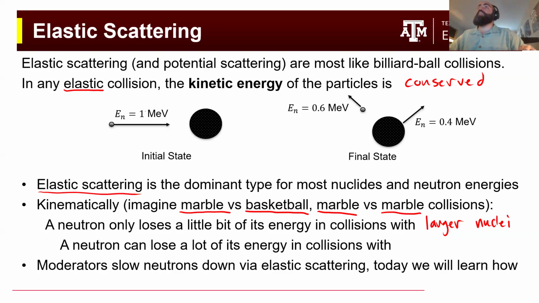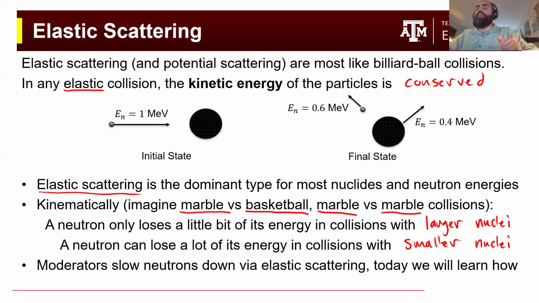That means the initial neutron has transferred quite a bit of its energy to the smaller nucleus. So if a neutron collides with a smaller nucleus, it can lose a lot of its energy in that collision.